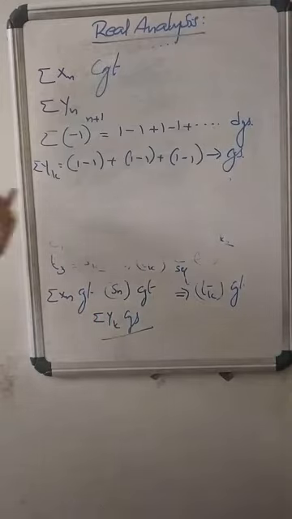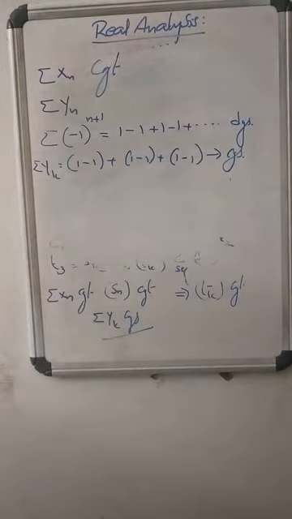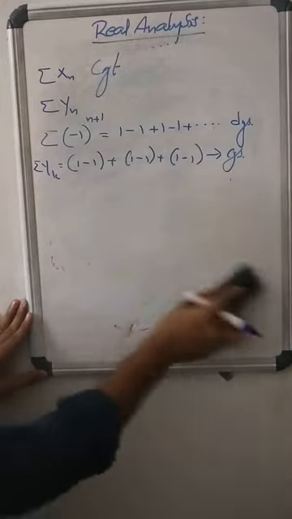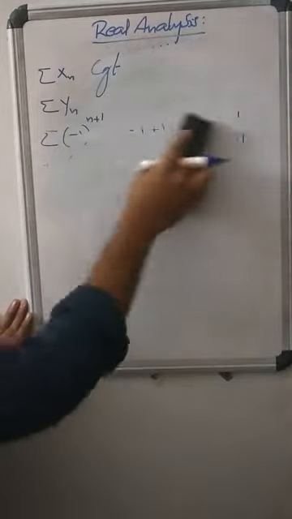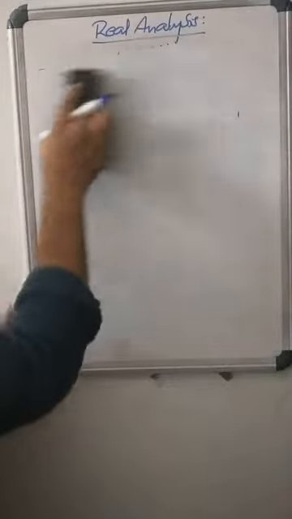So even though sigma yk converges, sigma xn does not converge. It means if the series obtained from the original series by grouping the terms is convergent, it need not imply the original series converges. But when the original series converges, then the series obtained from it by grouping the terms always converges. Clear? Okay.